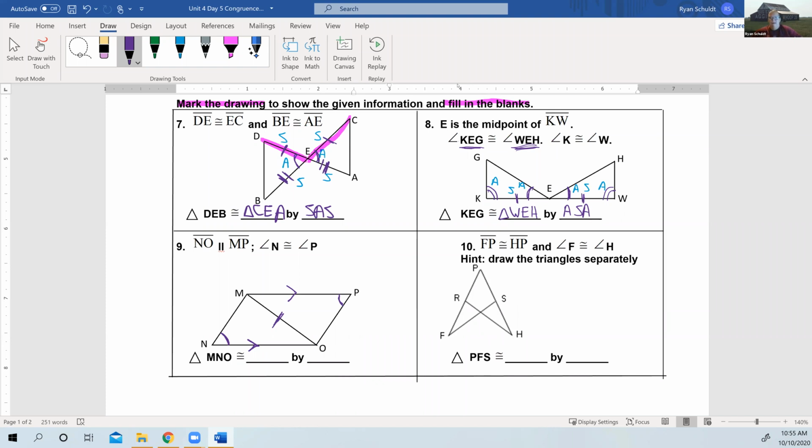Now, if MP is parallel to NO, that means I have a set of parallel lines cut by a transversal, which also means I have a set of angles that should be congruent. Right there.